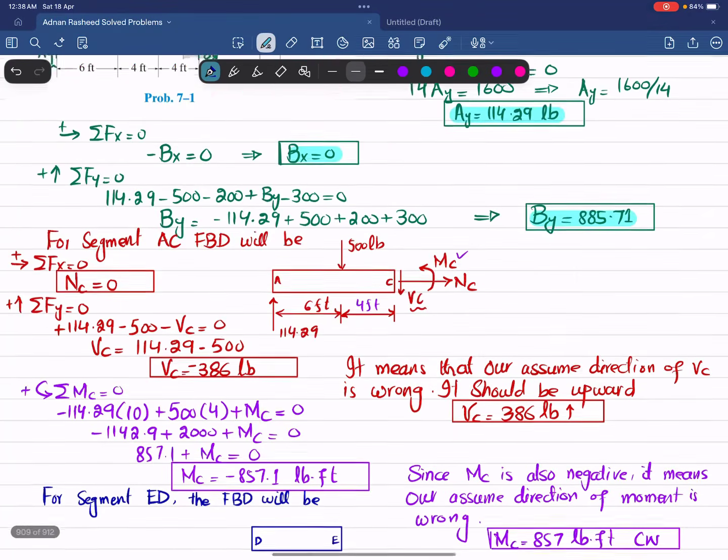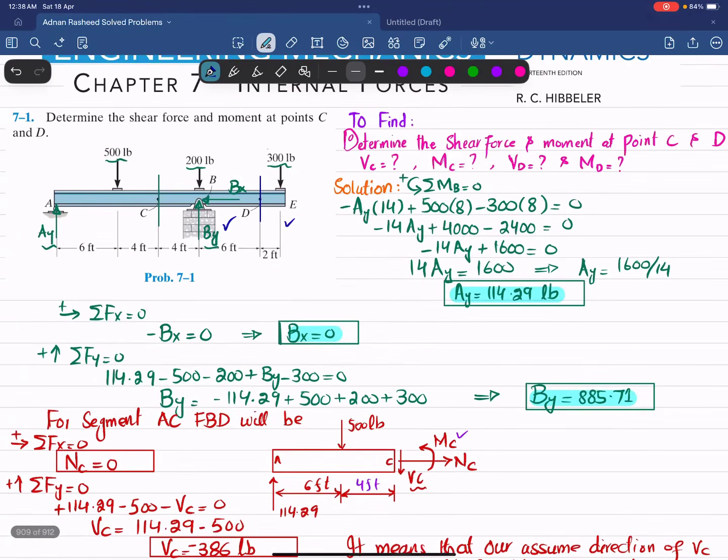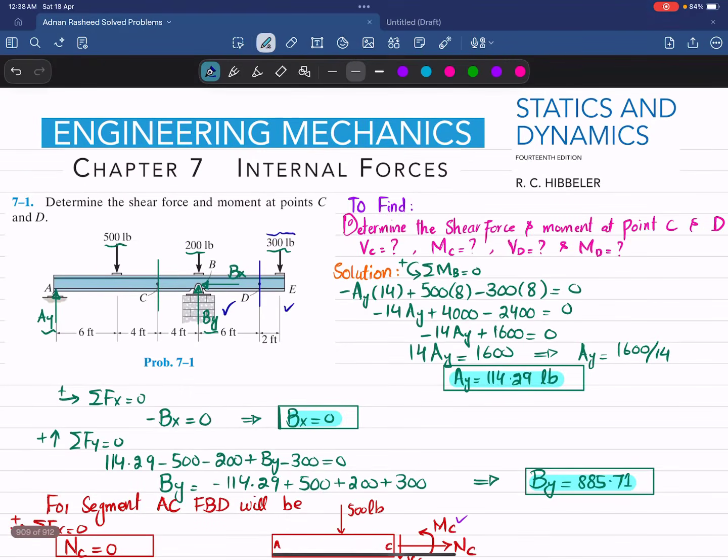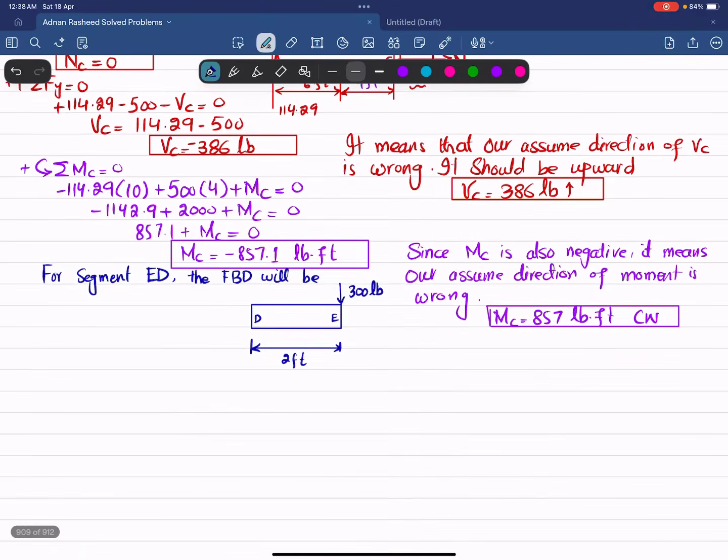At point E, you can see you have a 300-pound load, so we are going to take it as a 300-pound load downward. Here, the distance between D and E is 2 feet. You can check it above. When you cut this beam at section D, you will have one normal load acting perpendicular to this face, the axial load, which we will represent as ND.